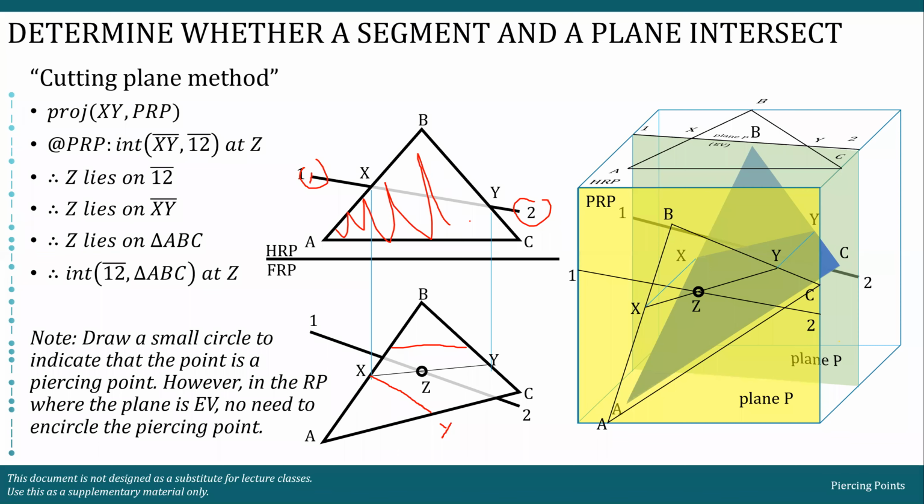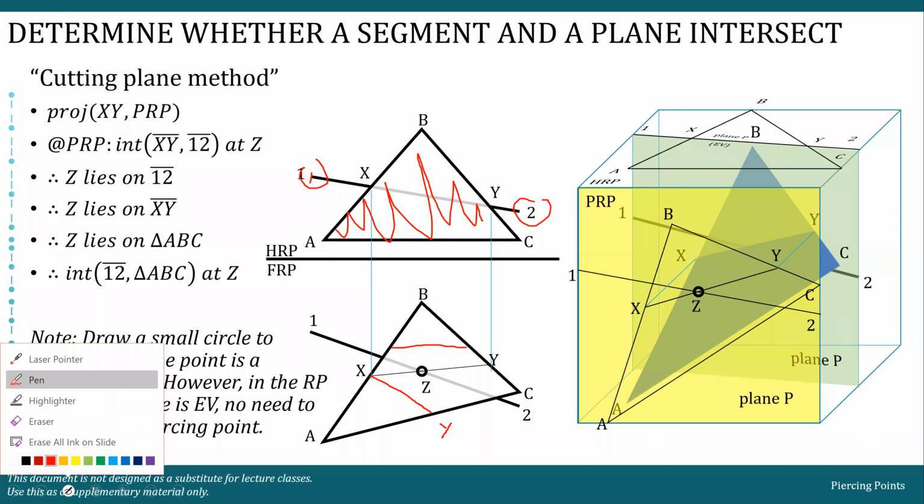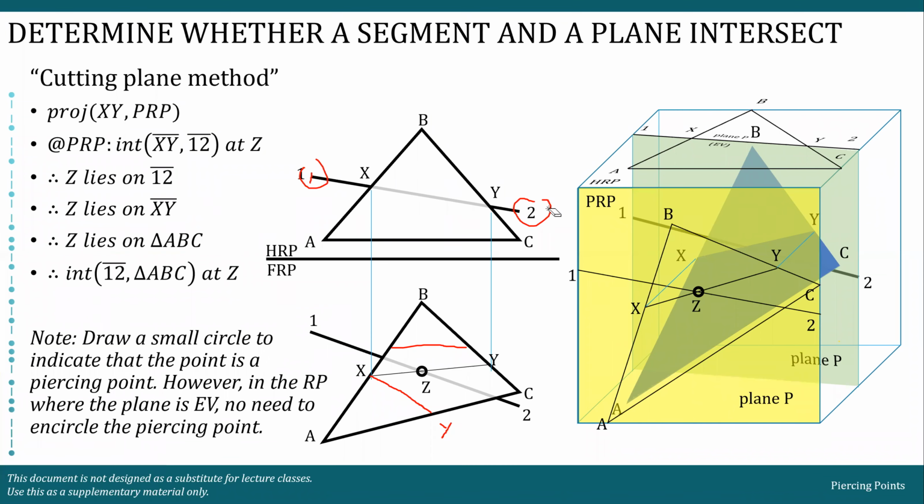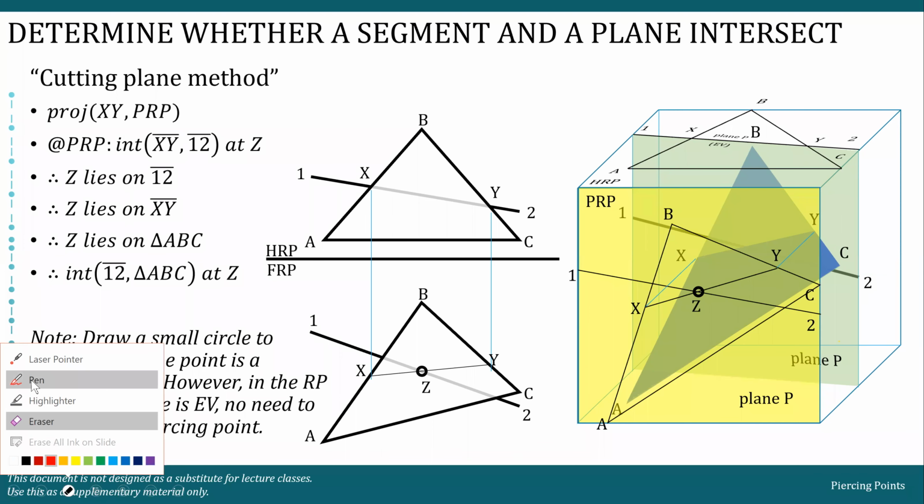Ibang usapan kapag ang tanong ay infinite plane, tapos instead of segment, line. Mas ma-encounter natin ito pagdating dun sa intersection of planes or line of intersection of planes, pero i-discuss ko na rin somehow dito.